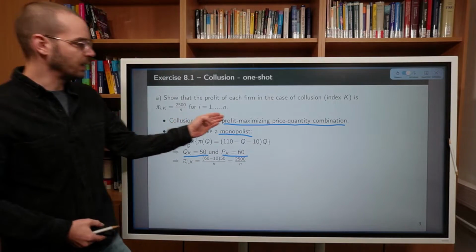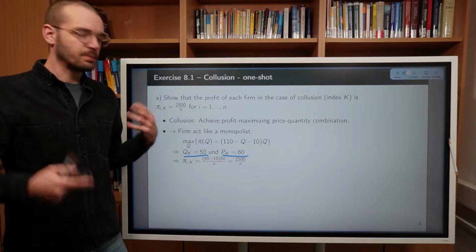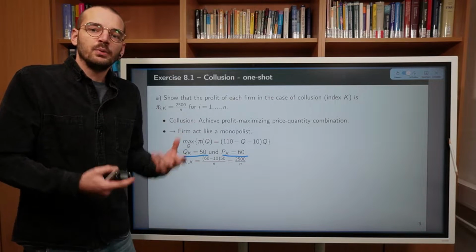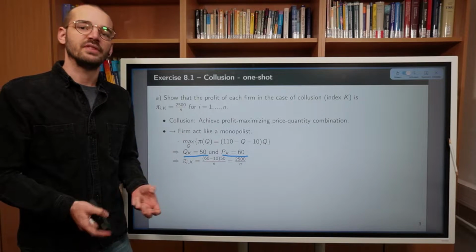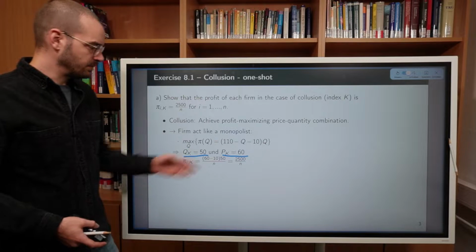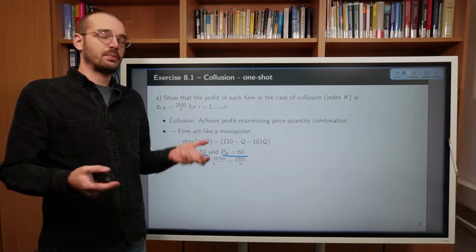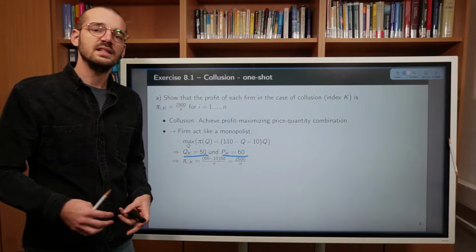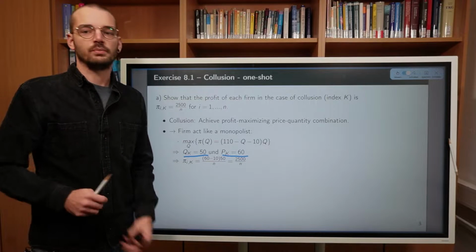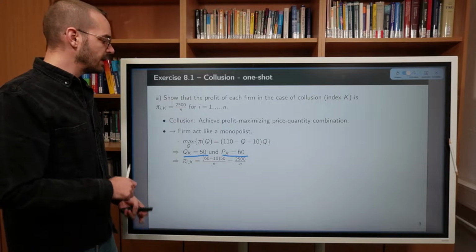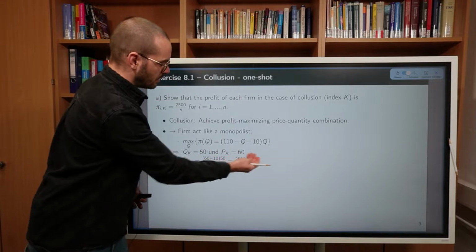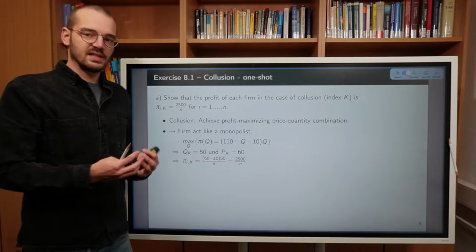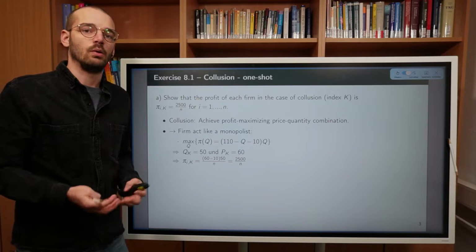With this, knowing the price and the quantity in the market, we can then calculate the overall profits in the market, simply multiplying the profit margin, so P minus C, with the quantity produced in the market. If we do so, we then have the profits in the market as a whole.